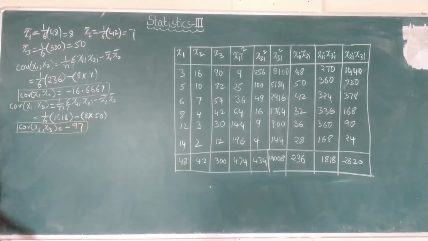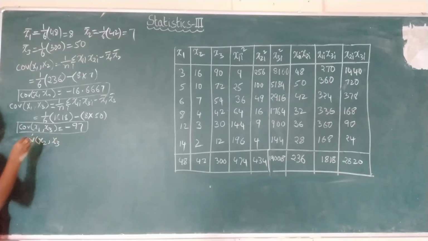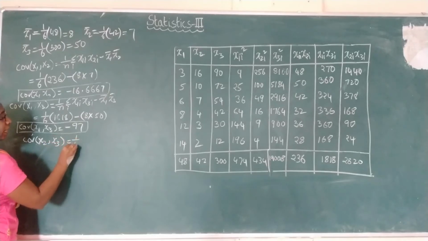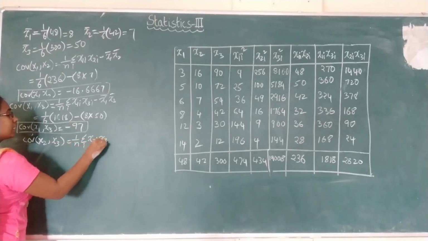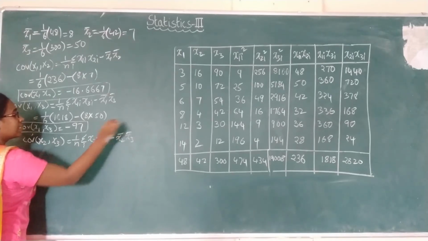Next, similarly find out the covariance of x2 and x3. Covariance of x2, x3 equals 1 by n summation over i of x2i into x3i minus x2 bar into x3 bar.